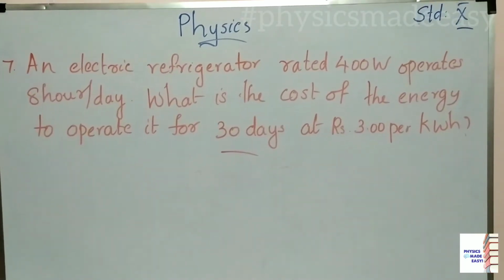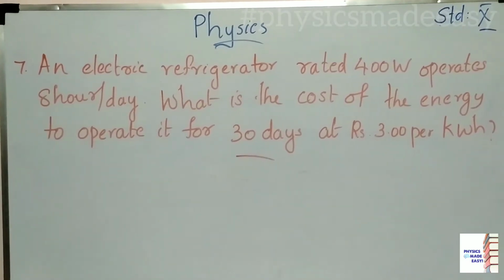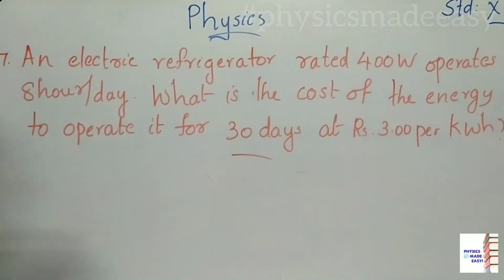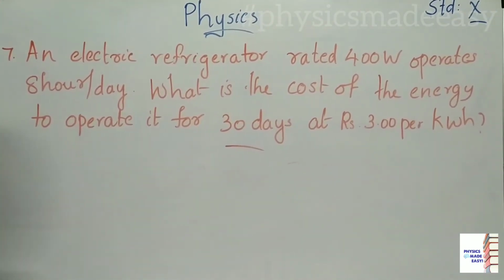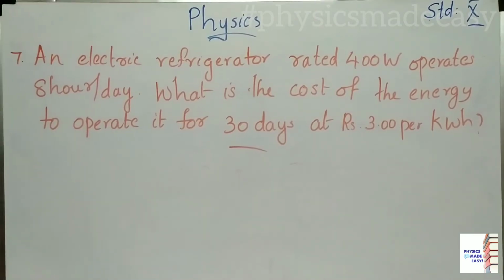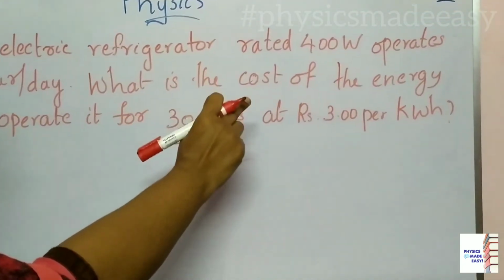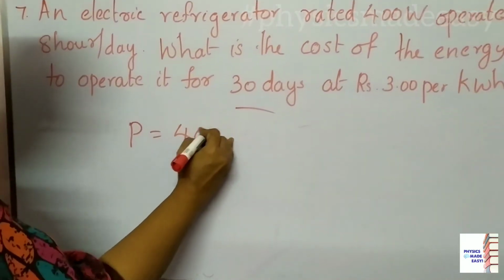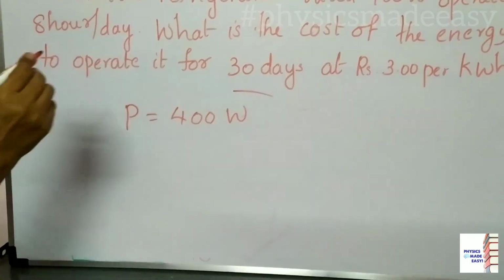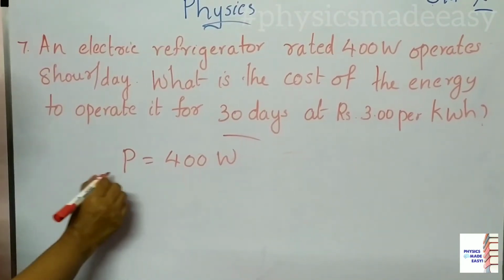An electric refrigerator rated 400 watt operates 8 hours per day. What is the cost of the energy to operate it for 30 days at rupees 3 per kilowatt hour? Here you can see the rated power of that refrigerator is given as 400 watt, and it operates for 8 hours per day.